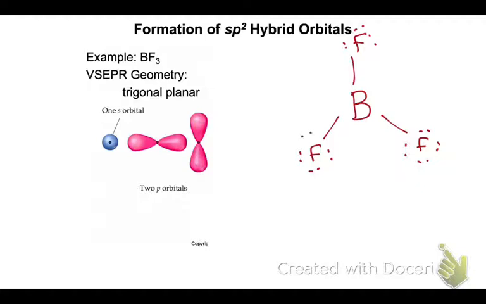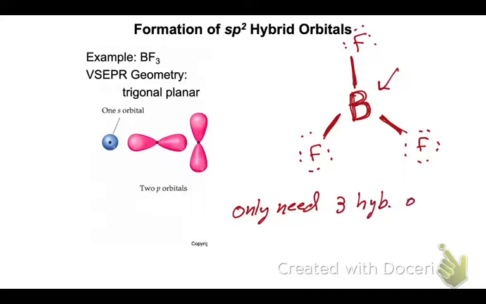And now when I'm looking at the covalent bonding here, I will immediately see that I have 3 covalent bonds. Each one of them is made from a hybridized orbital on boron and the atomic orbital here on fluorine. However, boron only needs to make 3 bonds and it doesn't have lone pairs. So I only need 3 hybridized orbitals.